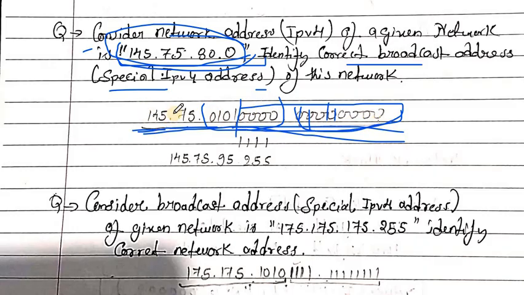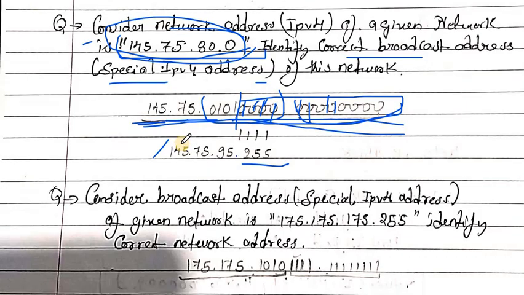So here 145.75, and if we set all these bits to 1, it becomes 95, and if all bits are 1, then it becomes 255. So this is the broadcast address.